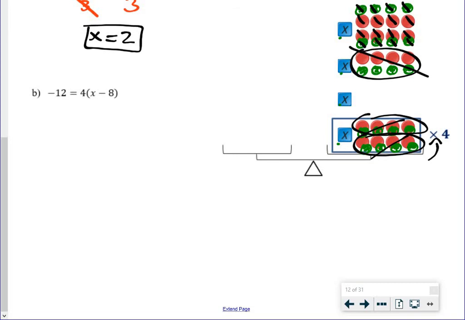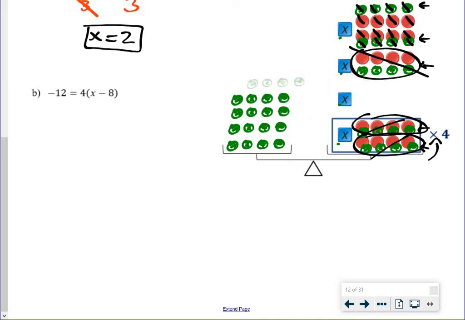So I need to add the equivalent number of green circles. So I added 1, 2, 3, 4, 5 sets of 4, so I should add 5 sets of 4 to the left as well. 4 and 5.